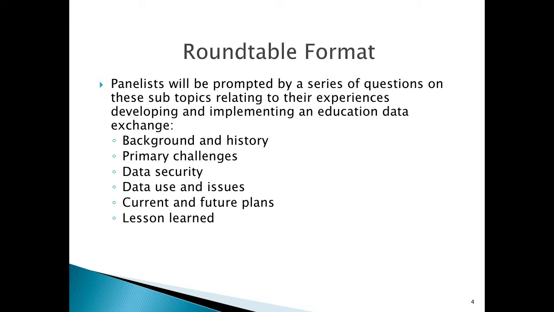So with that as a backdrop, when this grant came about, we approached them, and DPI was very interested in this too, because one of their goals is to increase graduation rates overall for the state of Wisconsin, and particularly in at-risk populations. And we would look at the foster care population as an at-risk population.